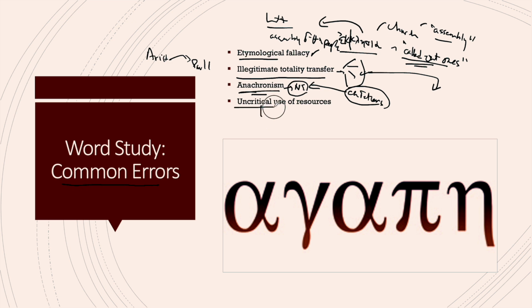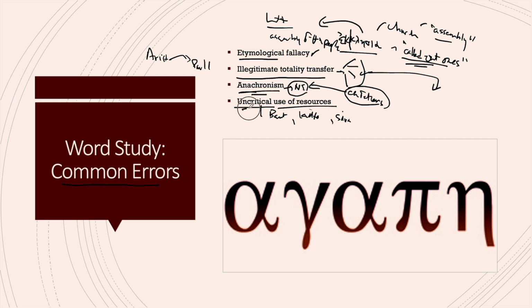And finally, don't engage in uncritical use of resources. All these guys, Bauer, Kittel, and Silva, all these guys that wrote or edited these books or contributed articles to these things, are human beings who are studying the text and doing their very best to understand the Greek word, but they're not infallible.